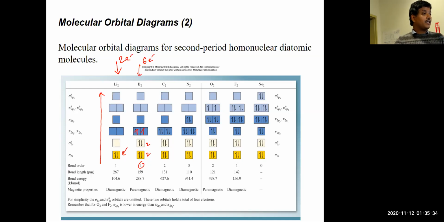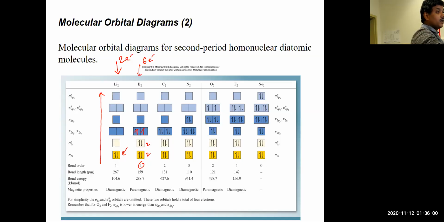Also, bond energy is increasing in B2 compared to Li2 because there are more molecular orbitals connected to each other in B2, so it is hard to break the bonds. And for magnetic properties, Li2 is diamagnetic because it has paired electrons, and B2 is paramagnetic because it has single electrons. So let's look into C2 and N2 together.